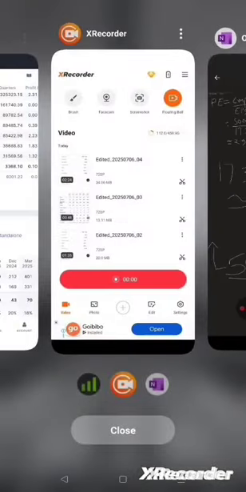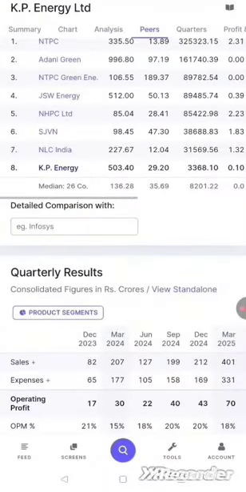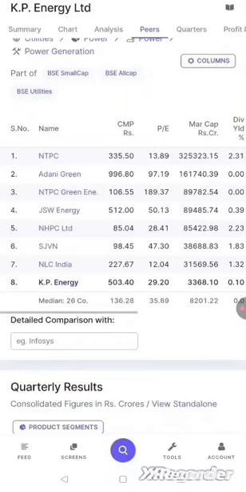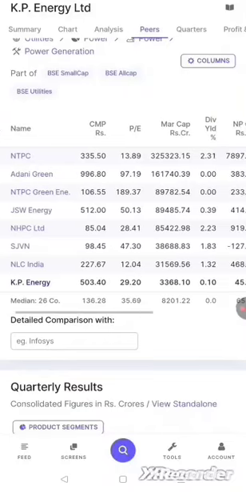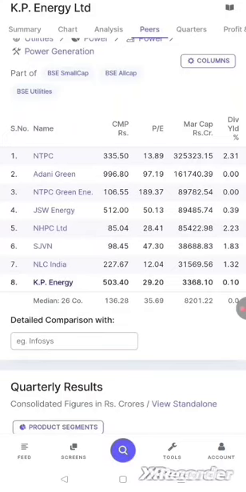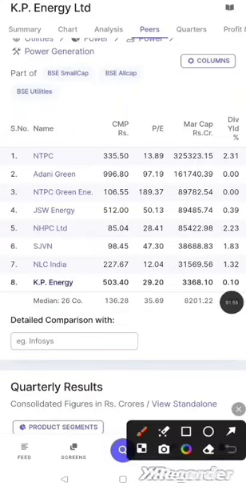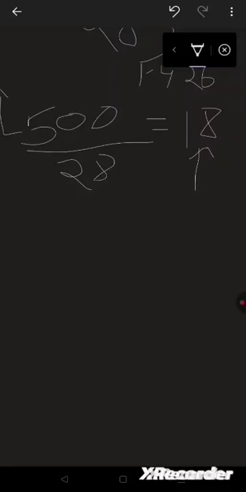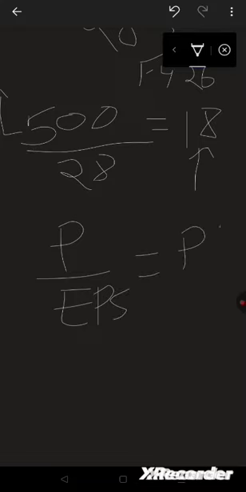Coming to the sector, we can see that there are multiple companies in the same sector, and the median PE for this particular sector is 35.69. Let's assume after 1 year this median PE stabilizes and comes around 30. My formula is price divided by earnings per share equals PE.